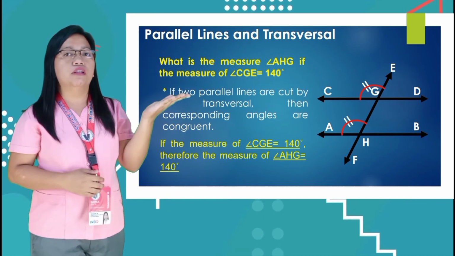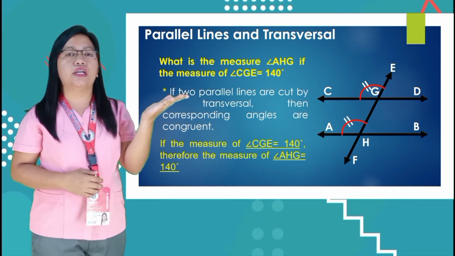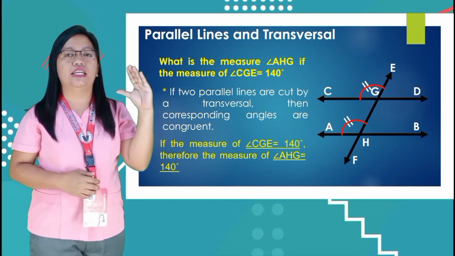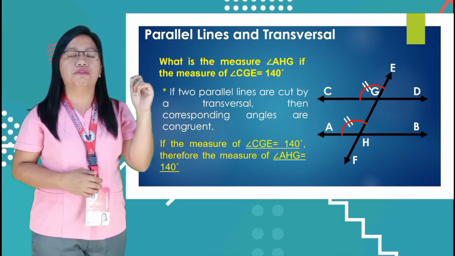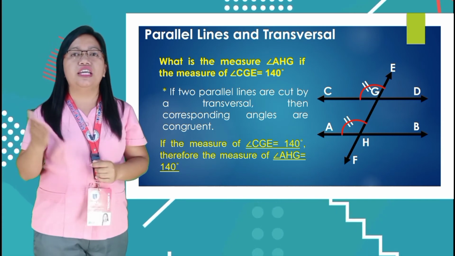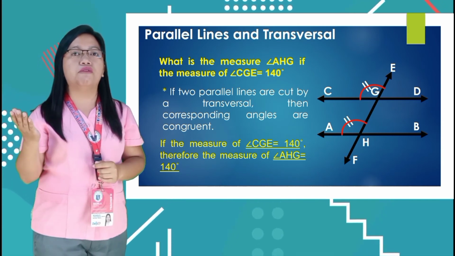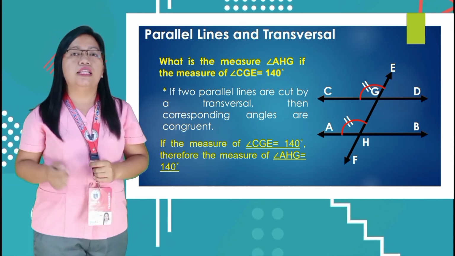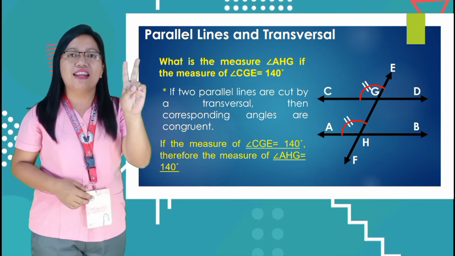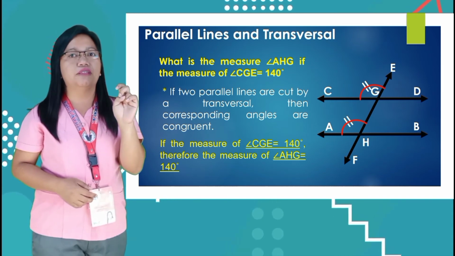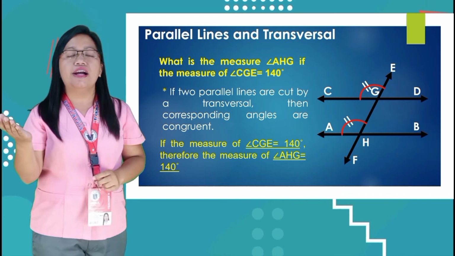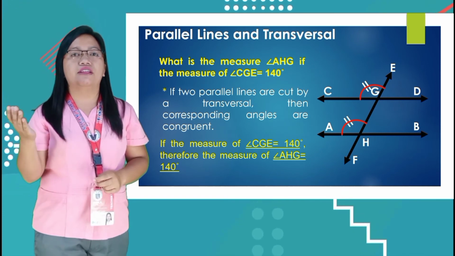Given the figure, what is the measure of angle AHG? If the measure of angle CGE is equal to 140 degrees. Remember that if two parallel lines are cut by a transversal, then corresponding angles are congruent.